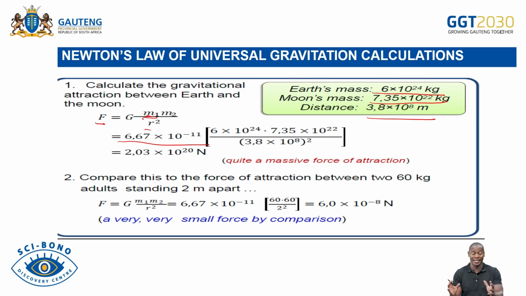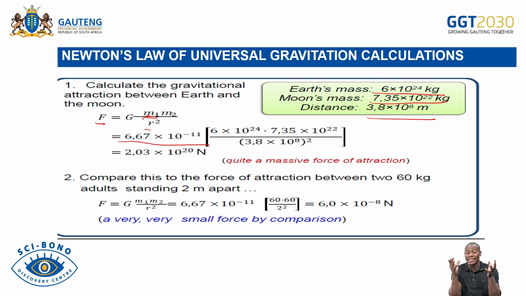So if one of the objects is the Earth, you're given all the information for the Earth. In this case, one of the objects we are dealing with here is the Earth, so already we have the mass of the Earth and the radius of the Earth.